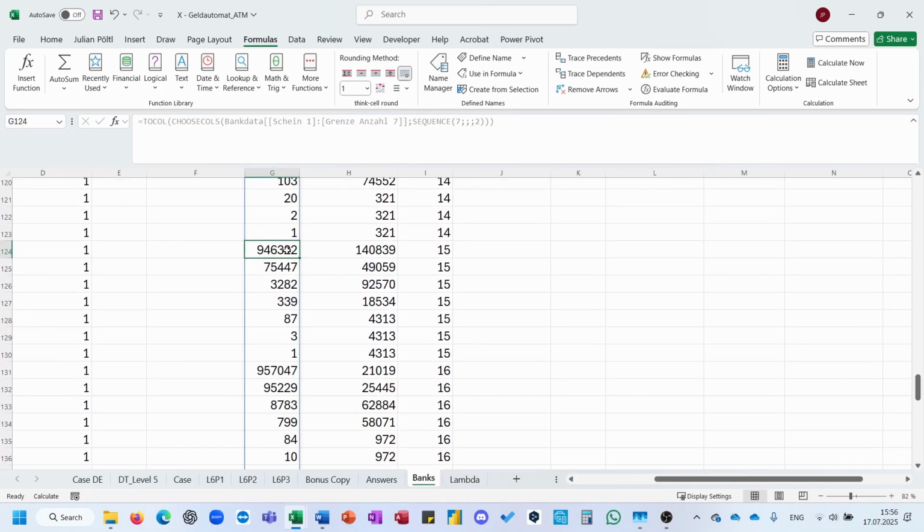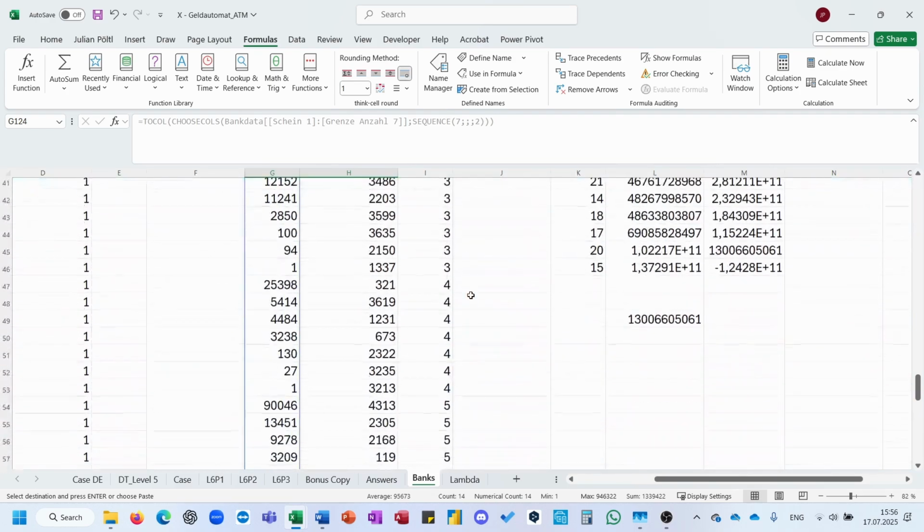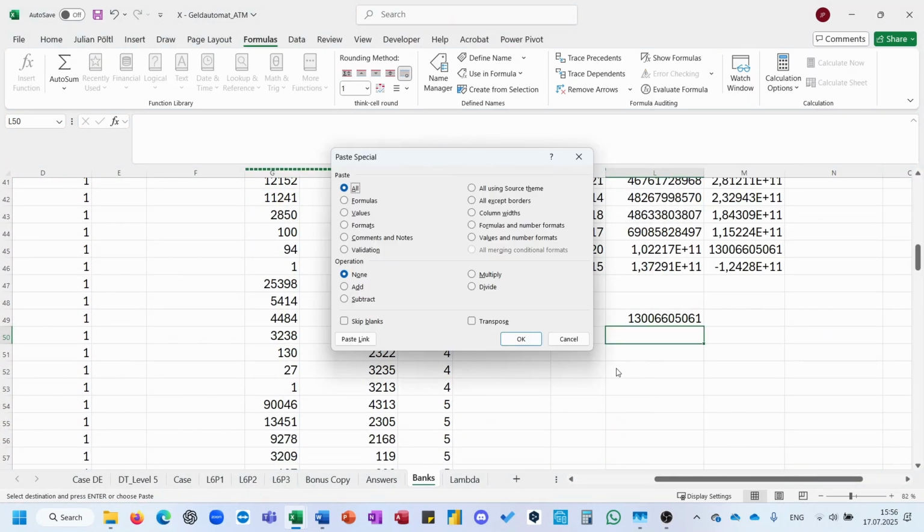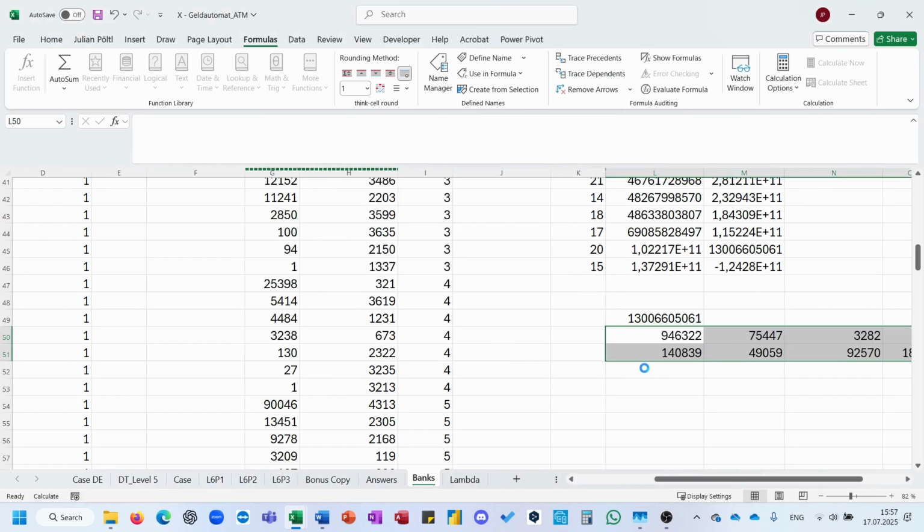I then simply copy this here. I want to transpose this and only want the values. Here we have the node and the limit, and we need to withdraw this amount.